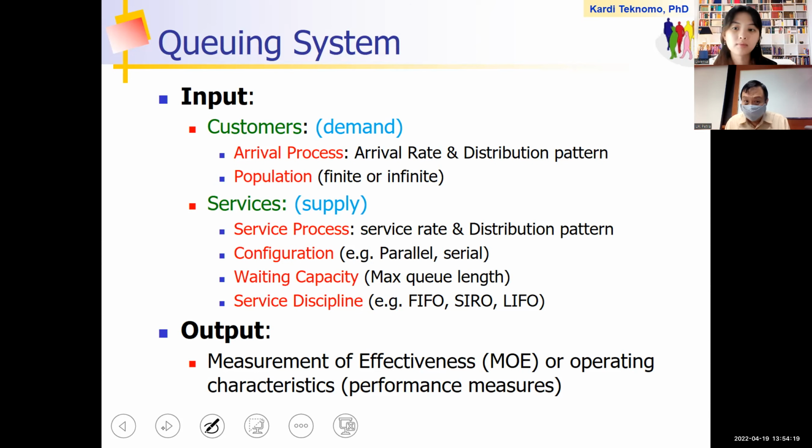Okay, so you need to know the service process, the configuration, the waiting capacity, and the service discipline. Okay, the output of a queuing system, any queuing system, let's call this MOE. Yeah? What is this? Measurement of effectiveness, or basically performance measure of the system.